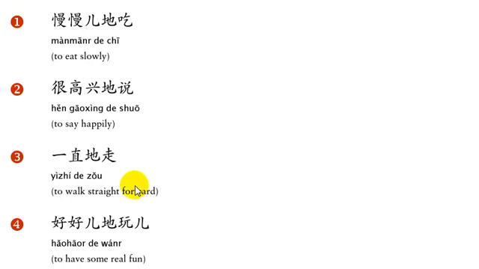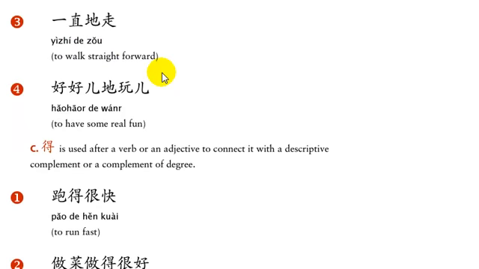Okay, again we have 走, walk. Okay, in this case walk straight. 一直地走. Okay, and here we have play, 玩. Okay, play happily, 好好地玩, or play well, play hard, right? 好好地玩.